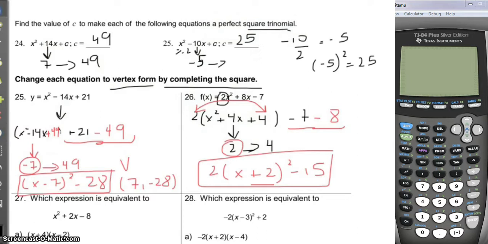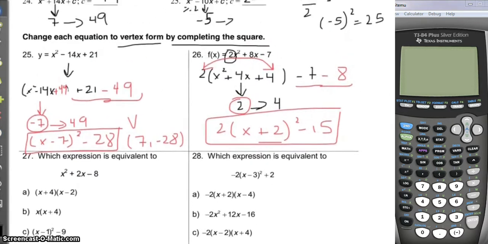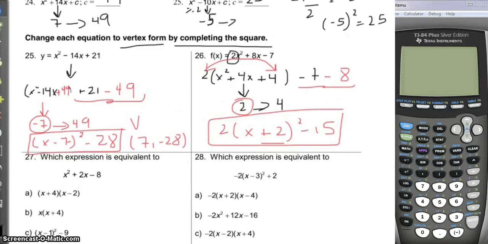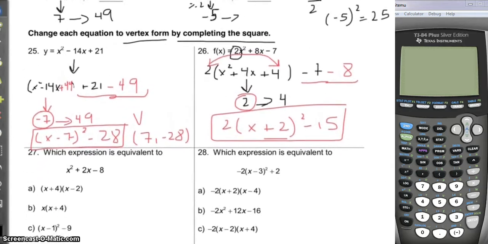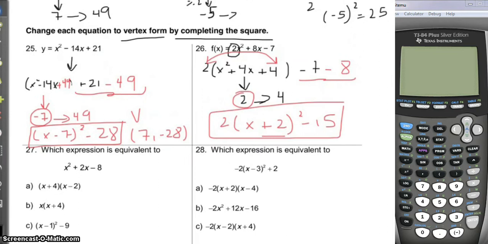Now let's move on to number 27 and 28. Now if you want to double check if your 25 or 26 are right, you can go to your calculator.